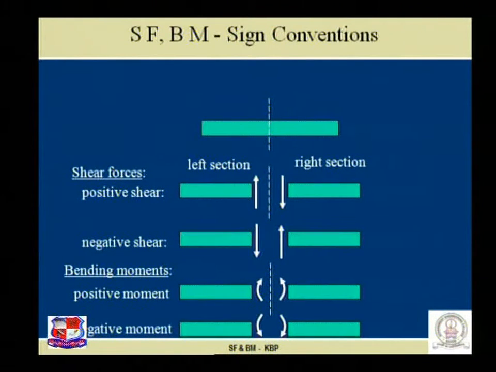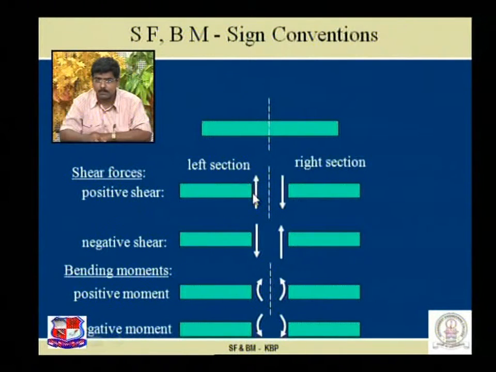The typical sign conventions shown here have been adopted throughout series 1, 2 and 3, meaning for all kinds of beams. For shear force, section left upward is treated as positive shear force, while section left downward is treated as negative shear force.